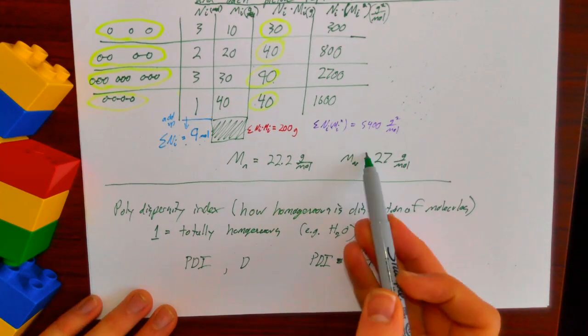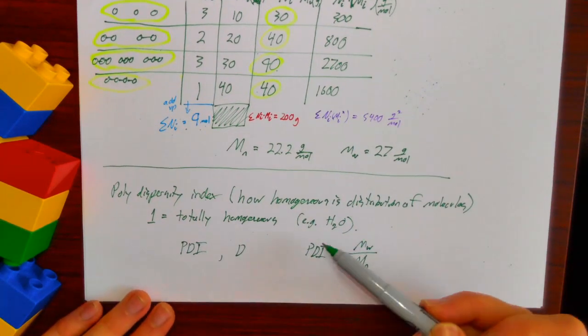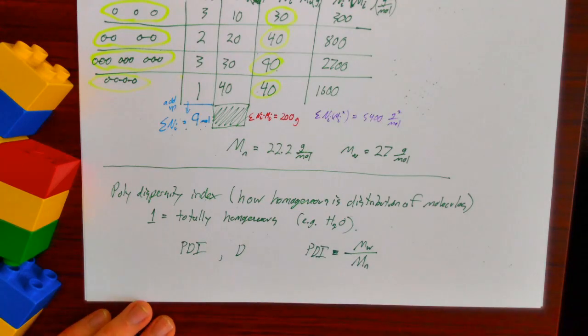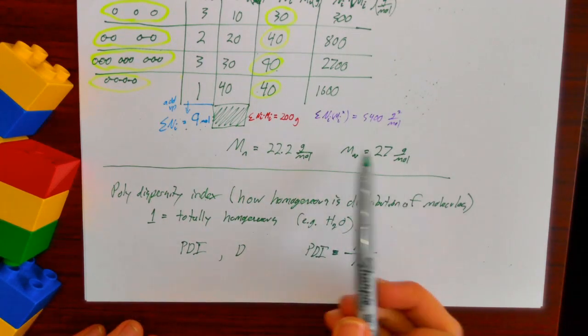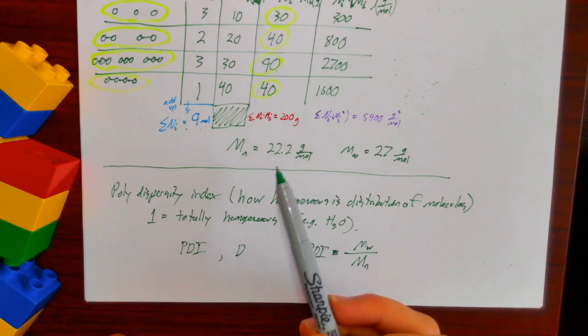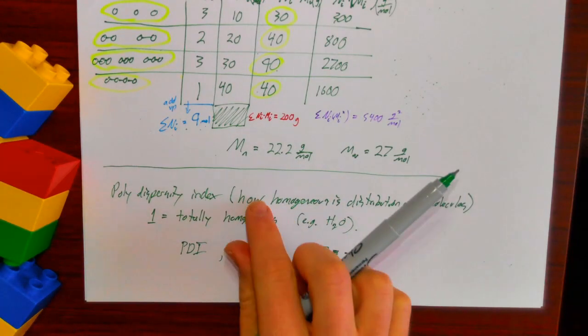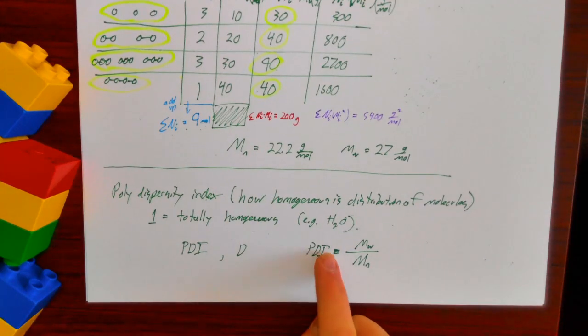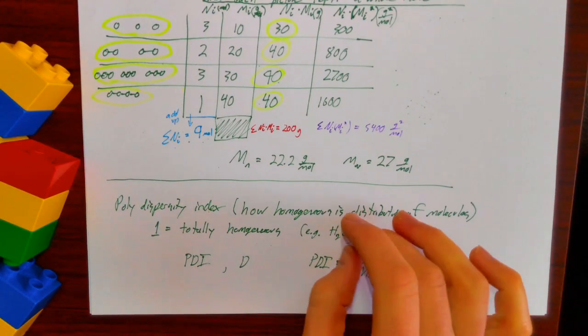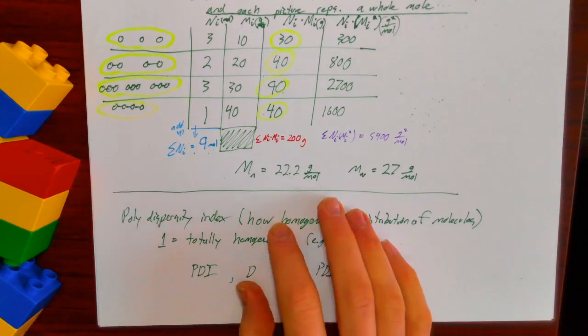So you calculate M sub w, calculate M sub n, and their ratio is the polydispersity index. The more these two differ from one another, the more non-homogeneous this distribution is.